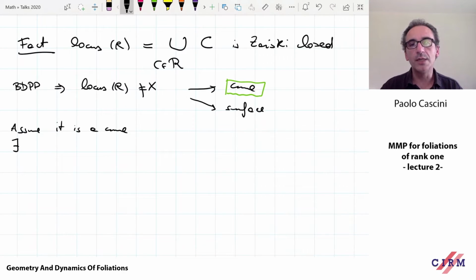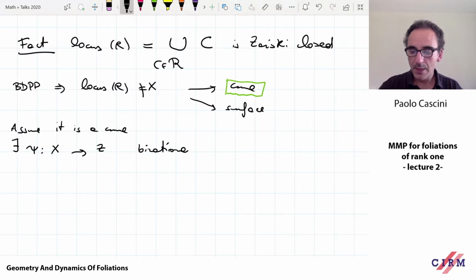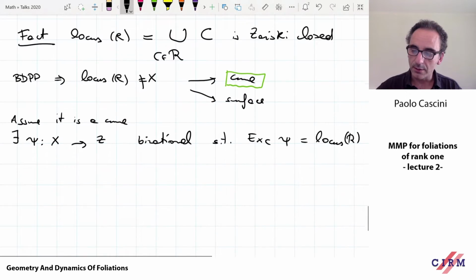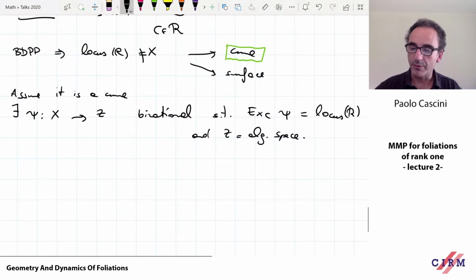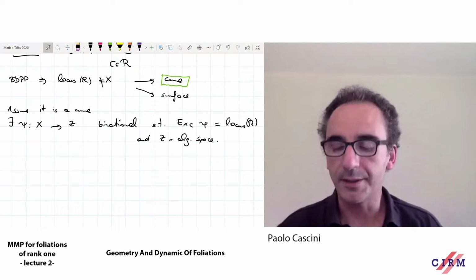What is possible to show is that there exists a contraction psi from X to Z, such that the exceptional locus of psi is equal to the locus of R. But unfortunately, we cannot quite say that Z is an algebraic variety at this point. What it is at the moment, since we are using Artin's theorem, is an algebraic space. But a posteriori this does not create any problem for us, and we'll show that a posteriori it will be algebraic.